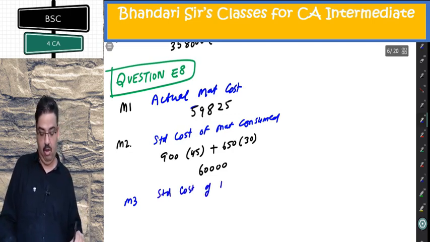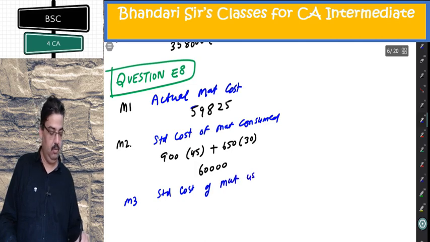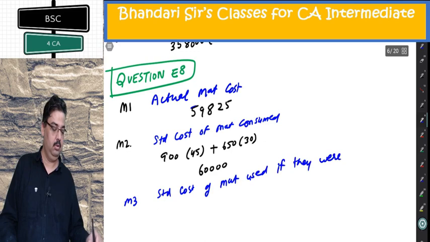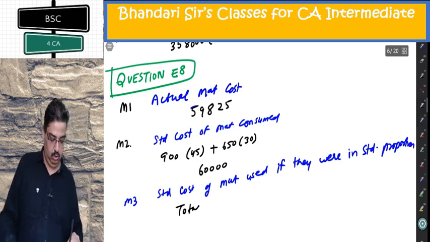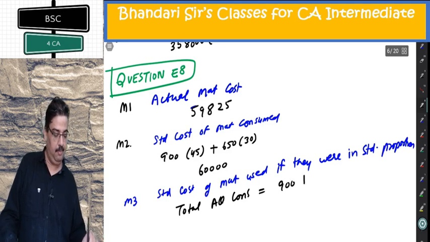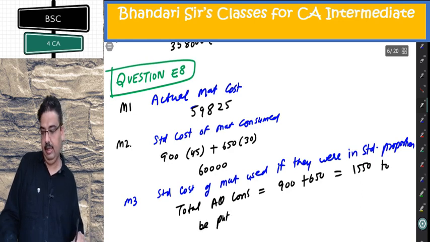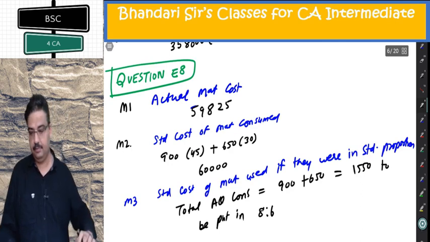Standard cost of material used if they were in standard proportion. So I apply the sub-steps. Total actual quantity consumed 900 plus 650, 1550, to be put in 8:6.